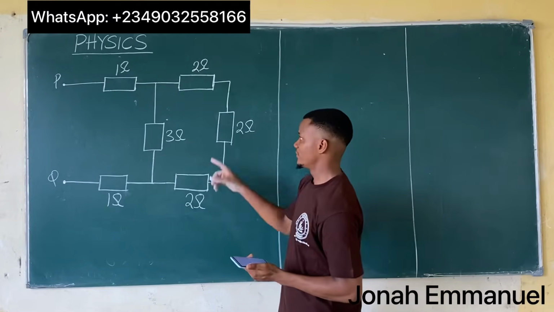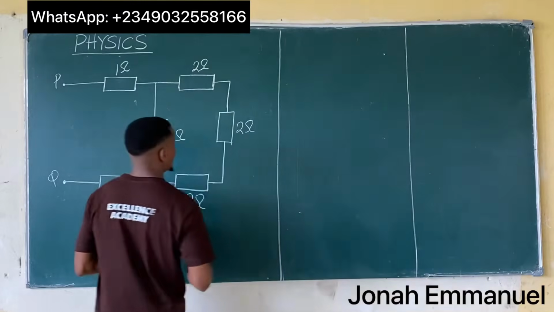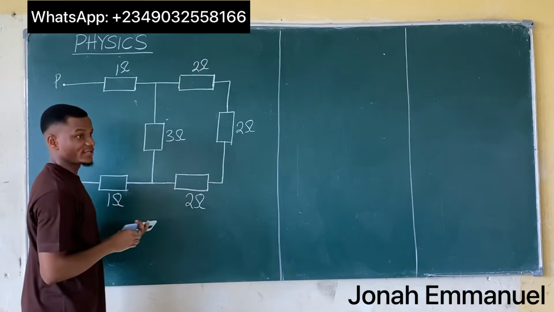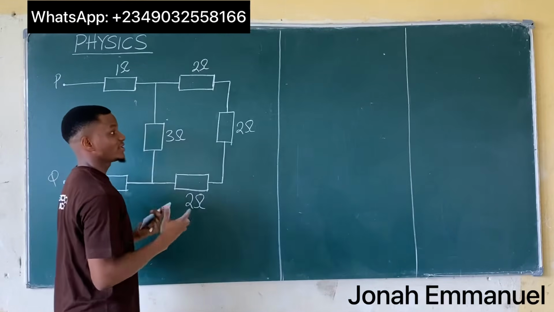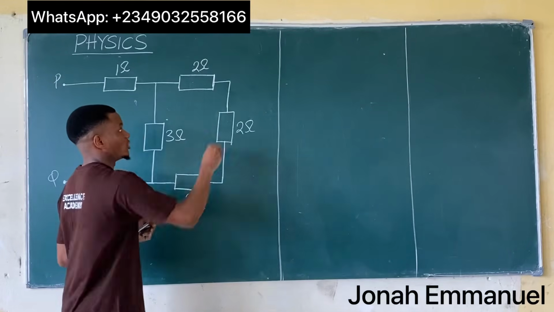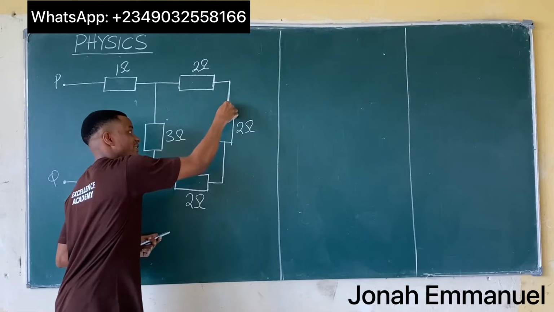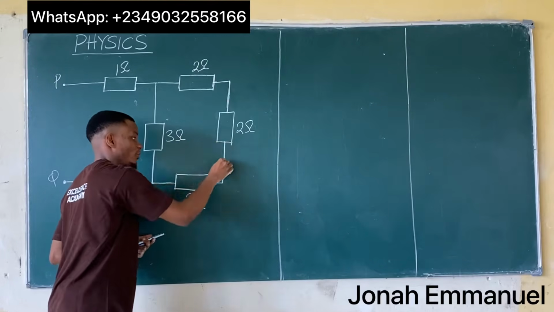So where do I start from? This one here. My first task is this: observe that 1, 2, 3 are in series. Why? Because in series we have an end-to-end connection. This end is connected to this end, this end connected to this end.